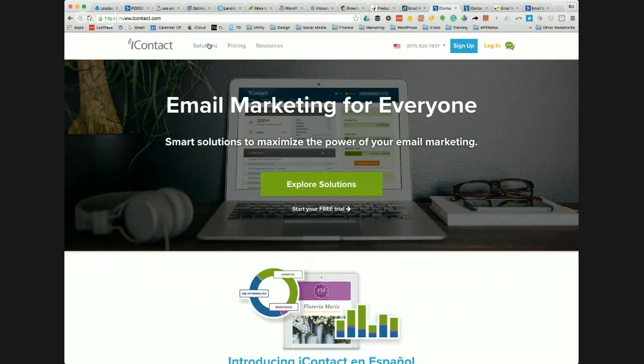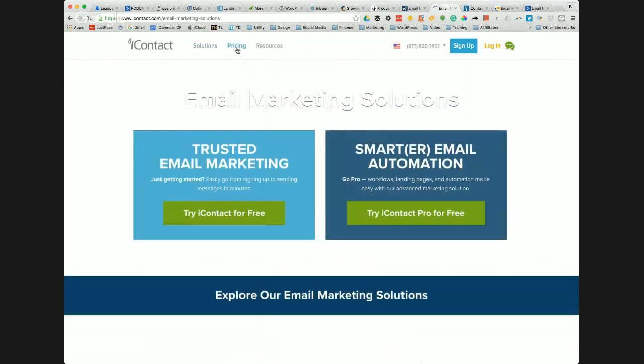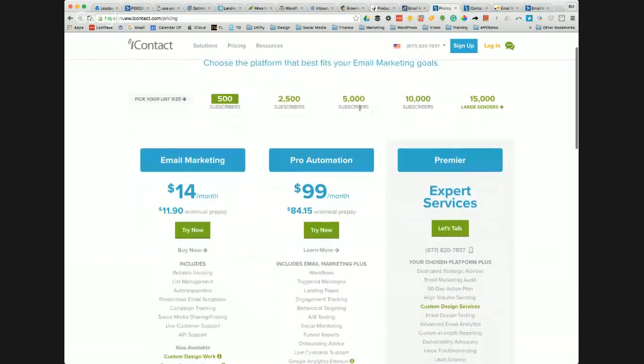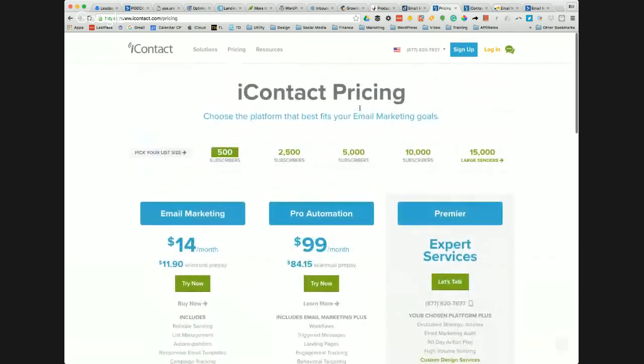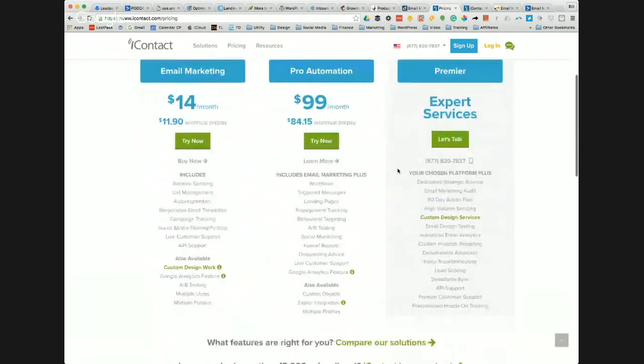For your $14 for 500 it seems a little bit expensive, but they're offering something like autoresponders and some other functionality at that price. And with a lot of the other services like MailChimp and some of the others, you've got to pay quite a bit extra to get some of the functionality which they're throwing in at that level, Bill. Does that make sense?